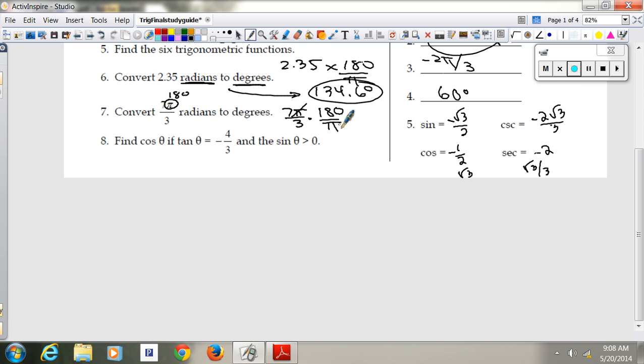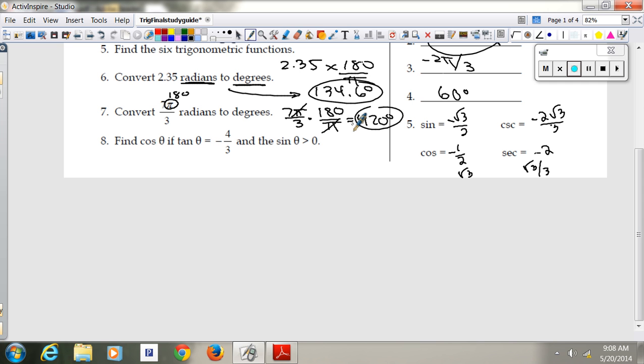Either way, the pi's are going to cancel out. You're going to be doing 7 times 180 and dividing it by 3, either way you decide to do it. So 7 times 180, then divide by 3, and you're going to get 420 degrees. Your answer to 7 is 420.